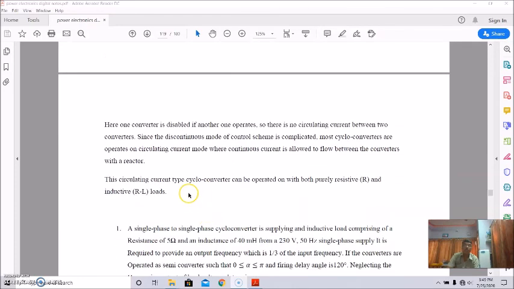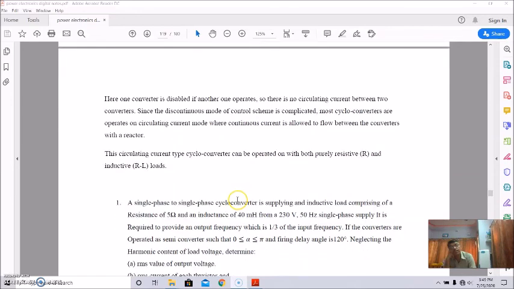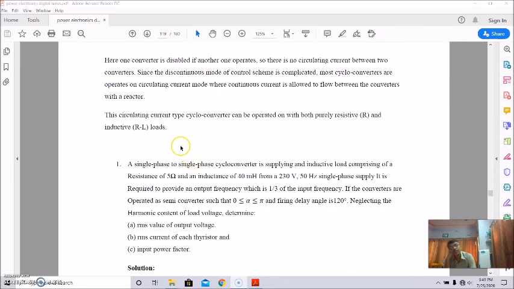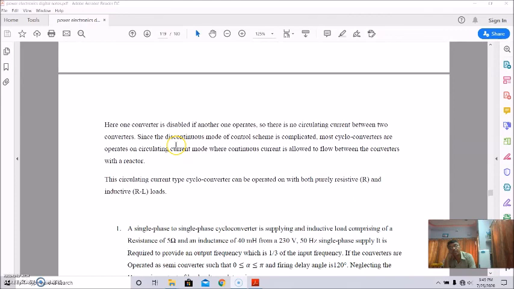So this type of cycloconverter can be operated with both purely resistive and inductive loads. So that's all about this single phase cycloconverter, its operation, its circuit diagram, and its waveforms.